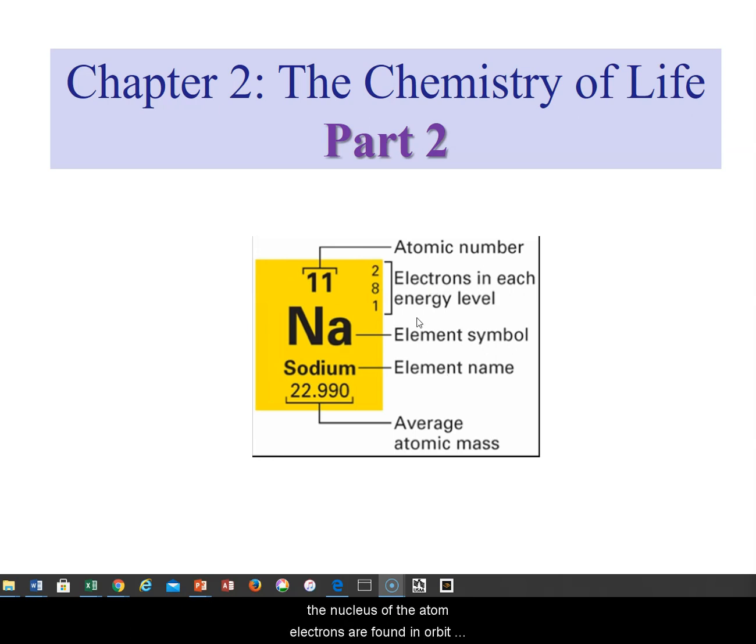And so, since our atom is neutral here, we would have in the first energy level, first orbit of electrons, it's full after 2 electrons, and then the remaining electrons would move up an energy level, and the second level is full after 8 electrons.